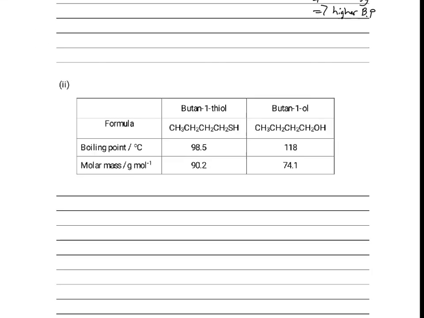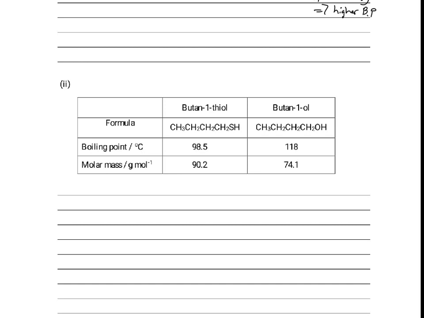Alright, the second one, you're given two funny molecules, butane-1-thiol and butane-1-ol. Again, you've got to recognise what forces are there. So starting off with temporary dipoles, both contain temporary dipoles, and the thiol is stronger because it's got a larger molar mass.